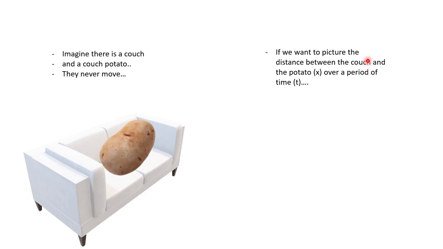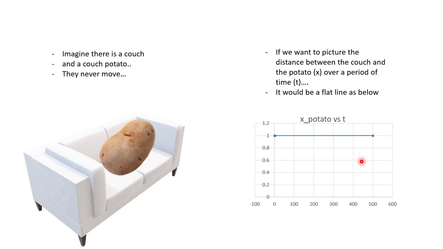Now, if you want to picture the distance between the couch here and the potato over there, maybe some point in the couch and some point in the potato, we just fix those points and then we want to measure the distance between them over a period of time. What happens? How would it look like? Yeah, it would be a flat line as below because the couch potato never moves off the couch.